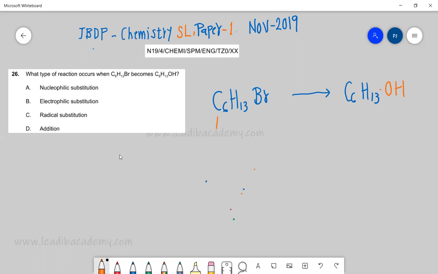So this is the haloalkane, halogenoalkane, getting converted into alcohol. This is the alcohol group.